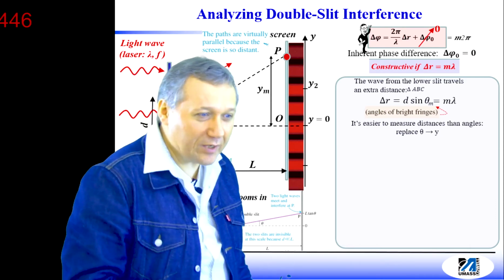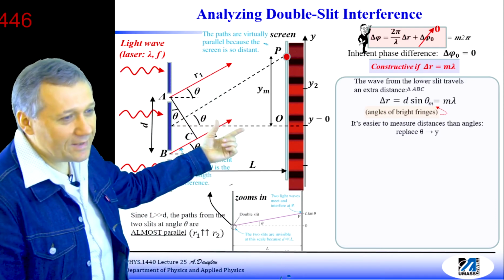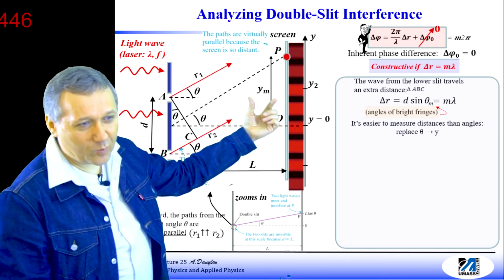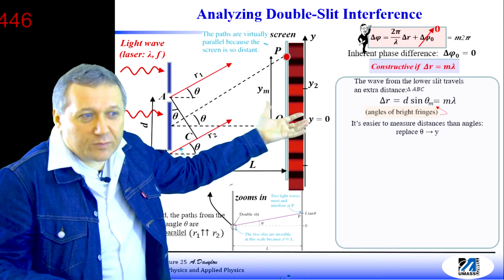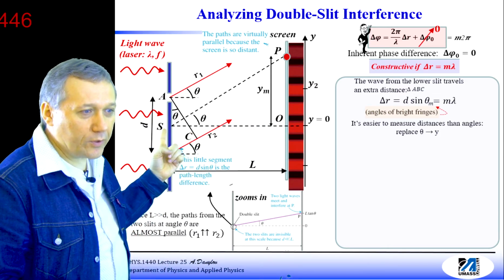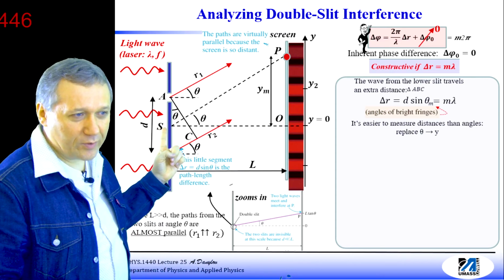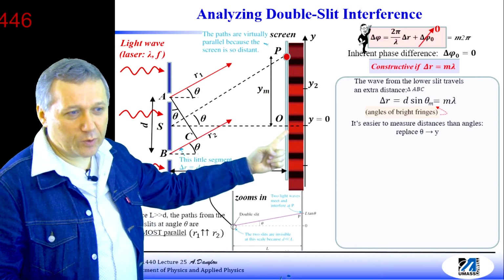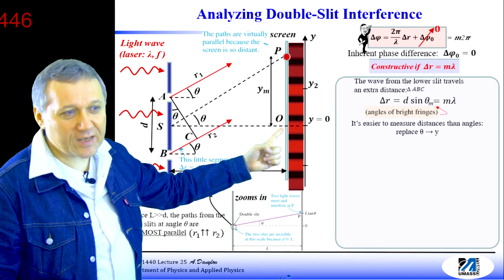So now, how can we make a transition from this angle theta to this y sub m? Piece of cake. Just the right triangle. Look at this triangle. I just opened point S, point P, and point O. It's a right triangle, SPO.